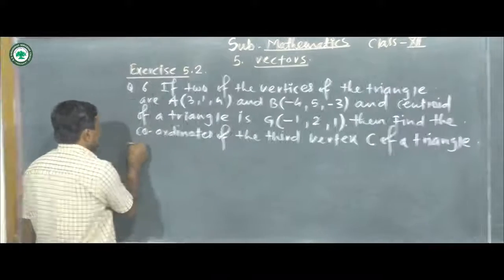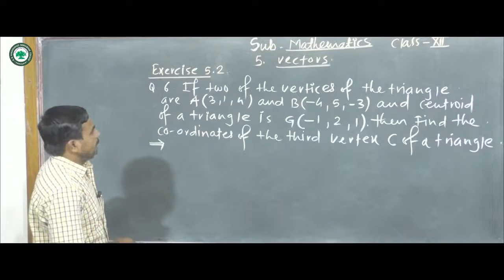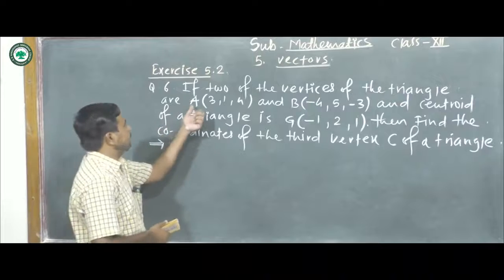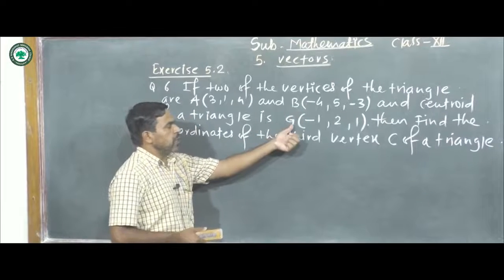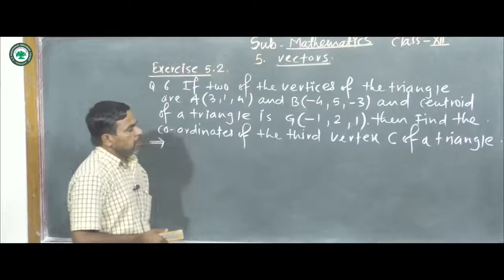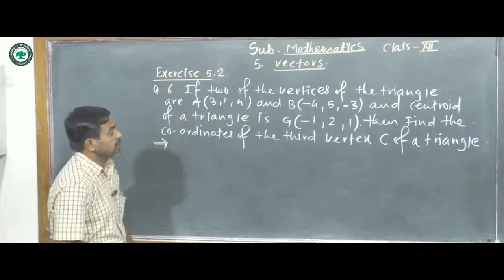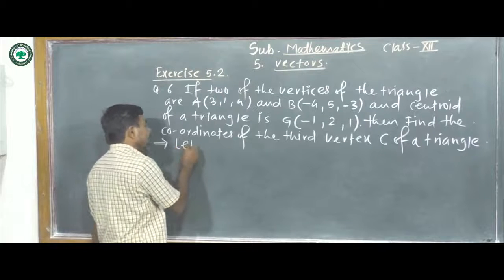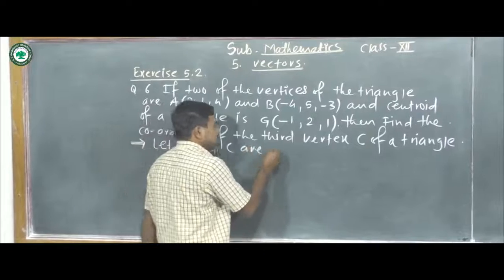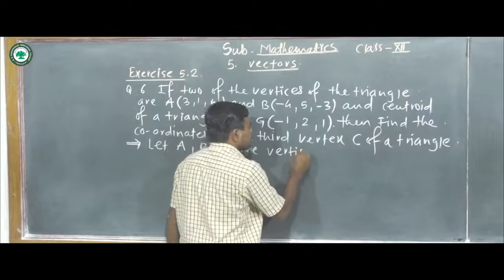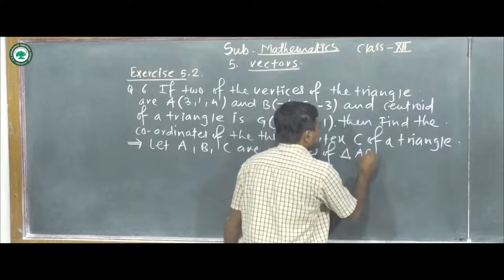Okay, see here. The two vertices of a triangle ABC are given, that is A and B are given. Also, the centroid G of the triangle is given. We have to find the coordinates of the third vertex, that is the coordinates of point C. So let A, B, C be the vertices of triangle ABC.